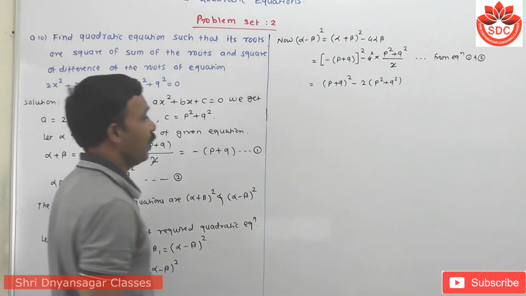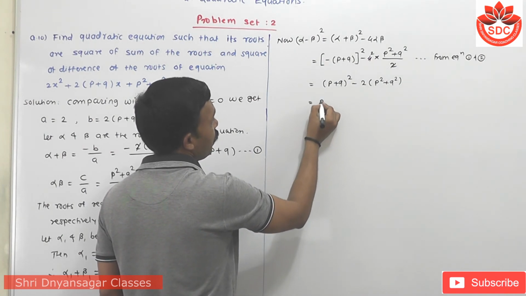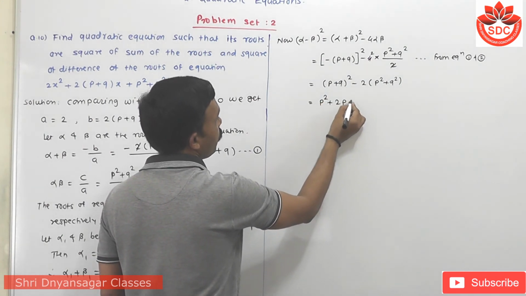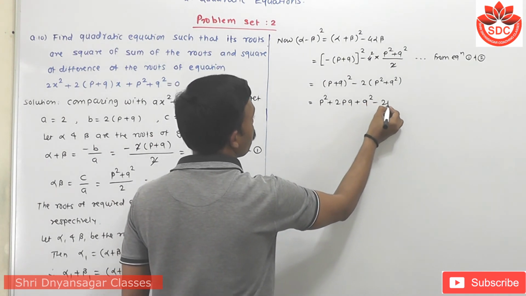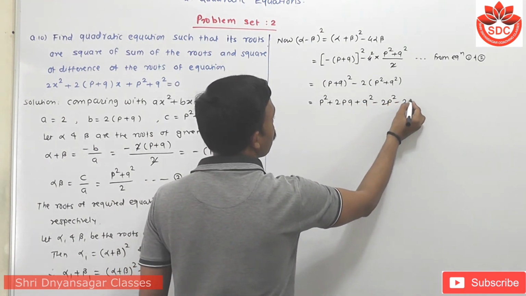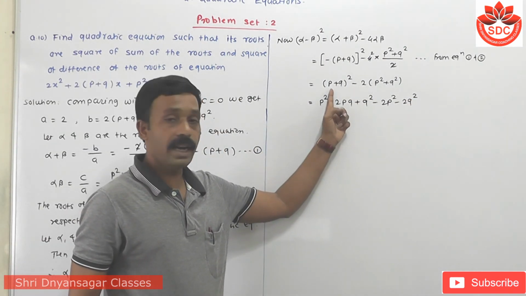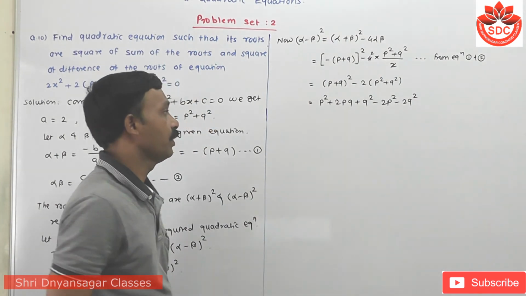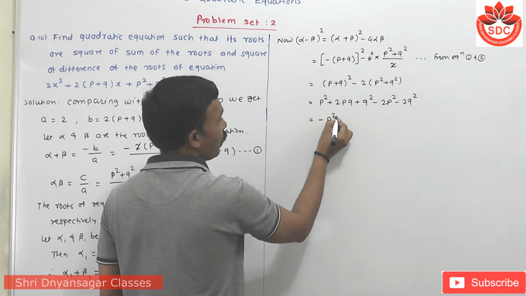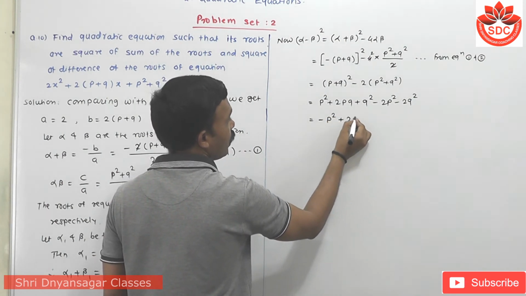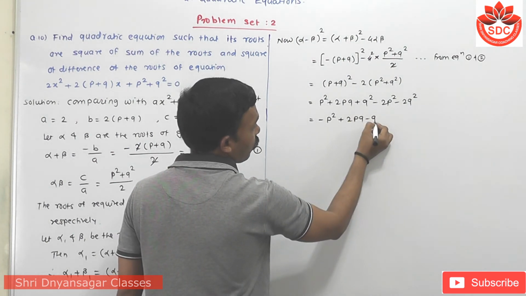Then when we simplify it, we get the value equal to p square plus twice pq plus q square minus 2p square minus twice q square. I multiply this using the identity a plus b bracket square. Then when we subtract here, this is minus p square plus twice pq minus q square.